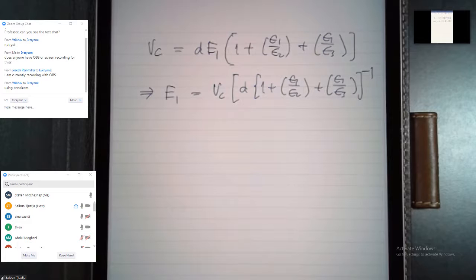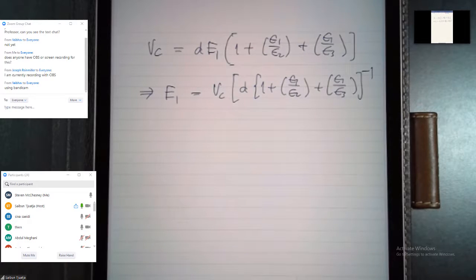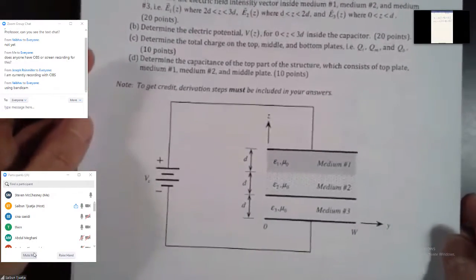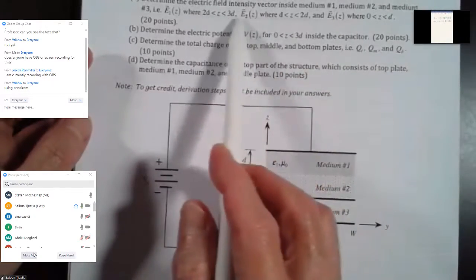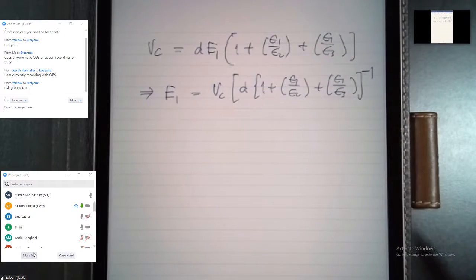Is that clear? So the question is, what is the E for different regions? Of course, if I want to be proper, I have to define a coordinate system, right? Any questions?